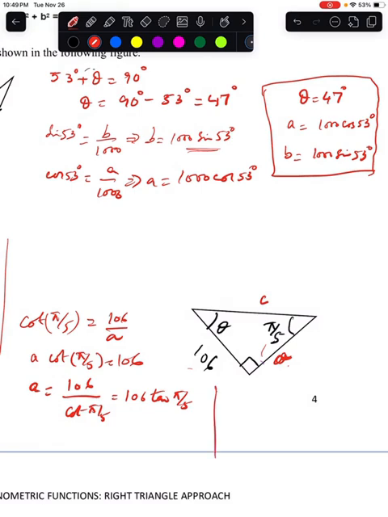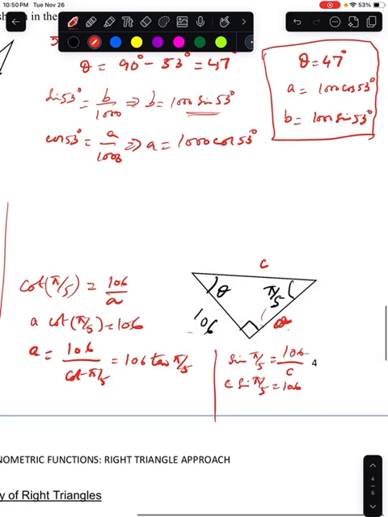So if I use sine, I get sine of pi over 5 is equal to 106 over C. Which means cross multiply, C sine of pi over 5 equals 106, or C is equal to 106 divided by sine of pi over 5, and we will leave it like that.